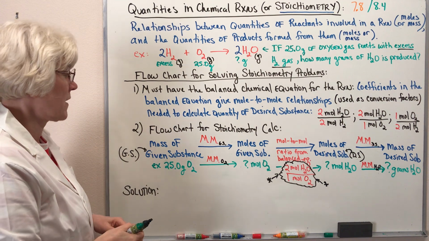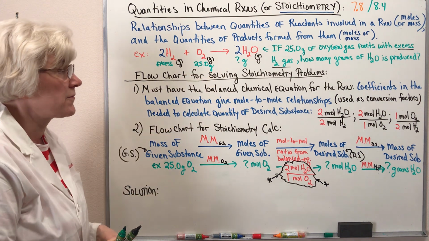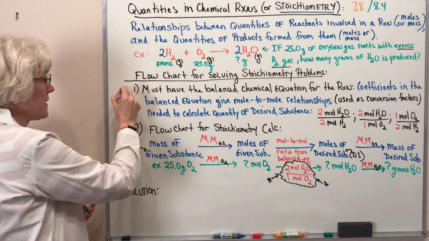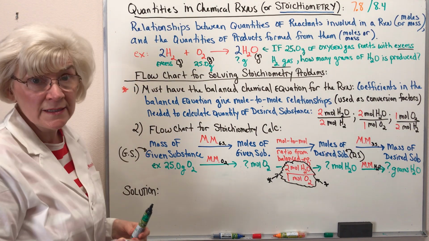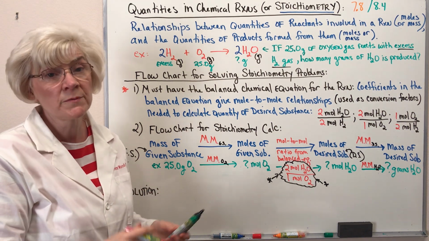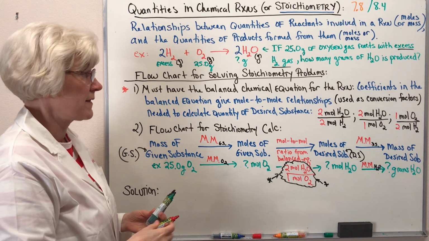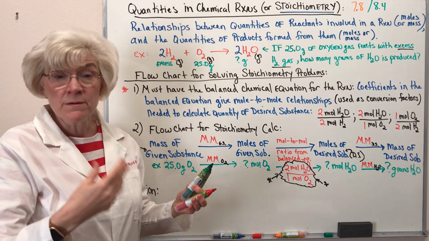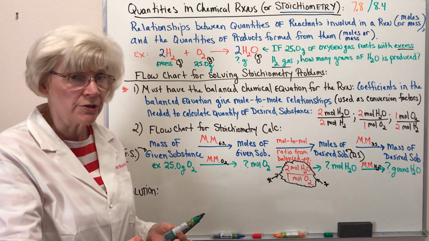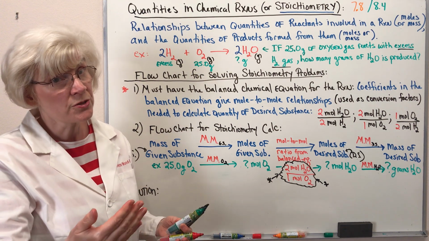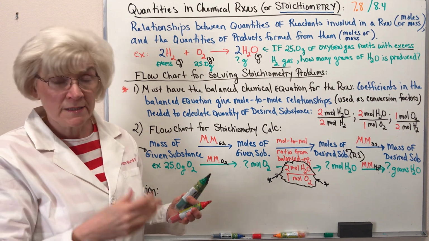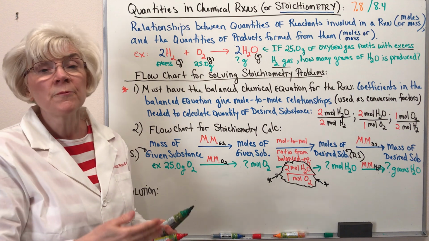That's a stoichiometry question. Here's the flow chart for solving stoichiometry problems. You must have the balanced chemical equation for the reaction. You cannot do a stoichiometry problem if you're missing that balanced chemical equation. In my class, that equation is either provided to you, I may give it to you, or you may be asked to write the chemical equation if it is one of the 5 types of chemical reactions that we were looking at.